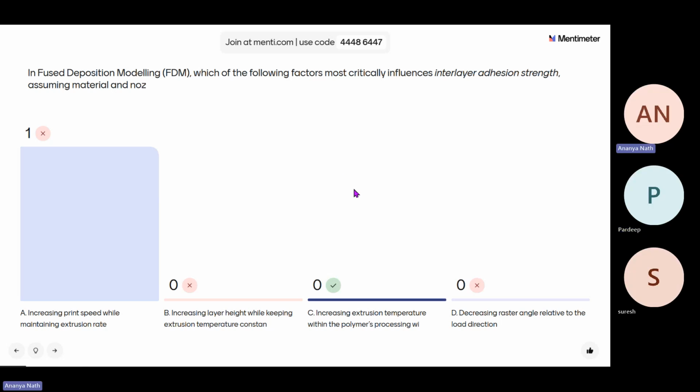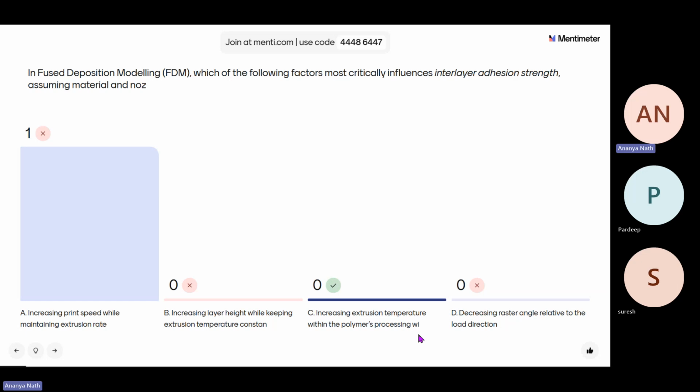So, I can discuss this answer. In fused deposition modeling, the factor that most critically influences interlayer adhesion strength, assuming the same material and nozzle, is increasing the extrusion temperature within polymer processing. This is the answer because increasing the print speed will not influence the interlayer adhesion strength.